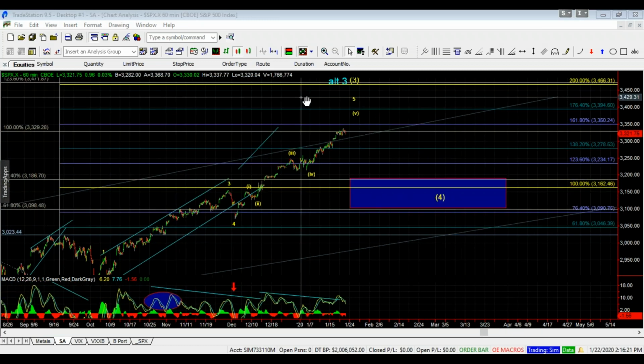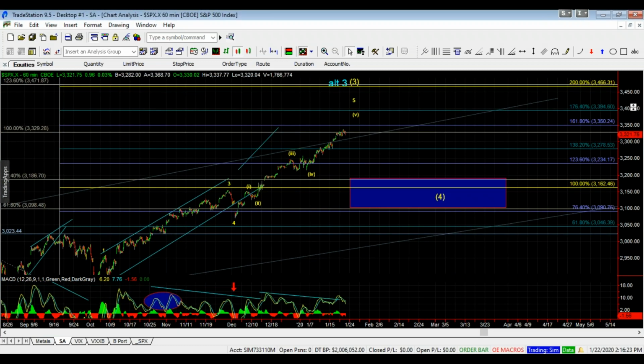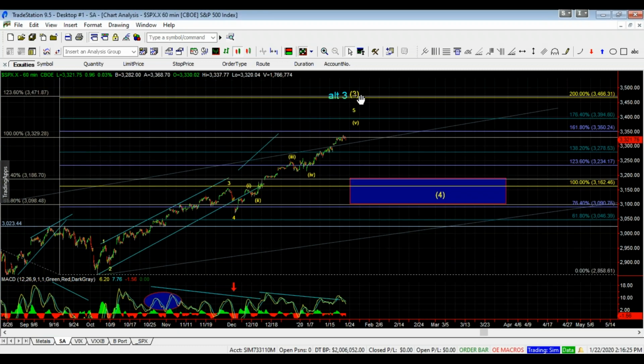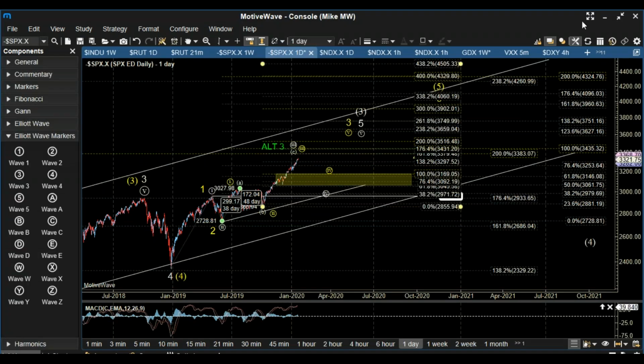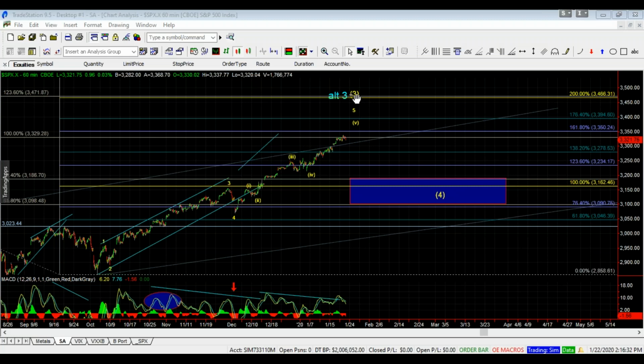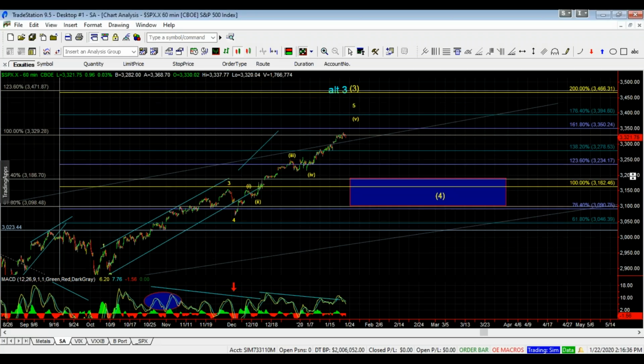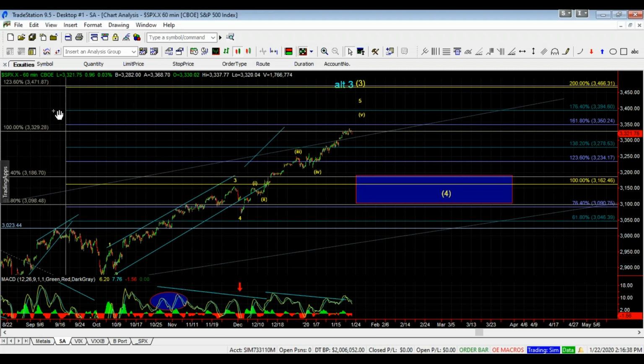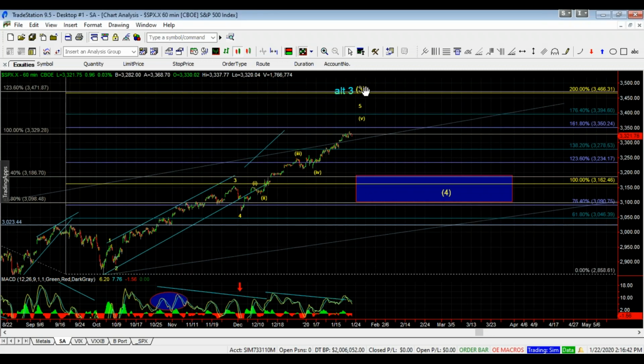Okay, so we've got this current wave 3 here. And sorry, the nomenclature is a little bit off. This circle wave 3 is the same as this parenthesis wave 3. I've got my TradeStation charts in alignment with Avi's nomenclature so we can have some consistency, but they don't align with the MotiveWave charts. So for this wave 3, we've got the 161.8 coming in at 3350 on our linear scale fibs.